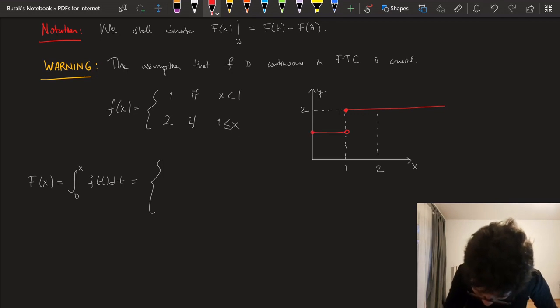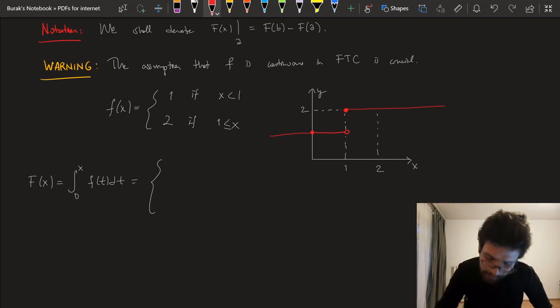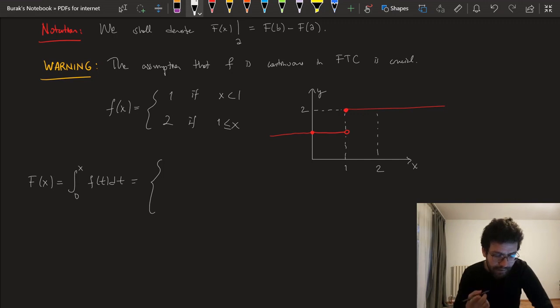So let me choose my a as 0 and write this function down. Big F of x is the integral of little f from 0 to x.